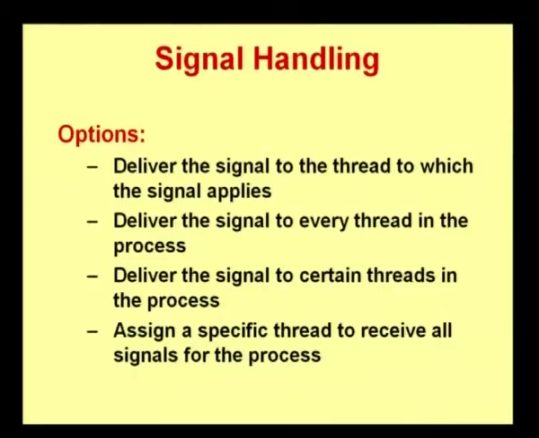The second signal handling option is that for every thread it delivers a signal. The third option is that it delivers a signal to certain threads in the process. The fourth option is that it assigns a specific thread to receive all signals for the process. So these are the 4 different conditions that are available.